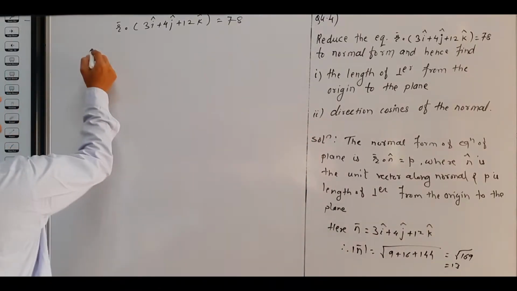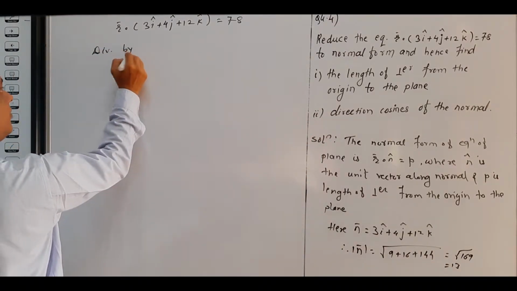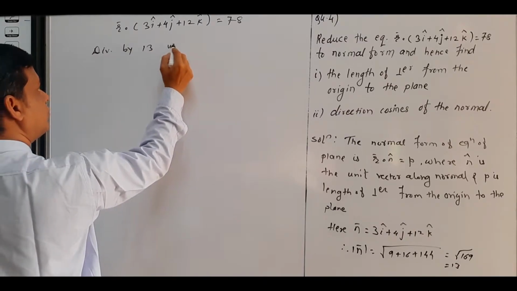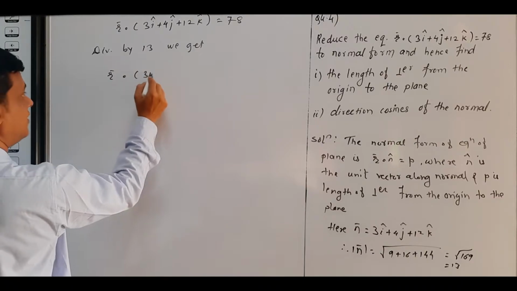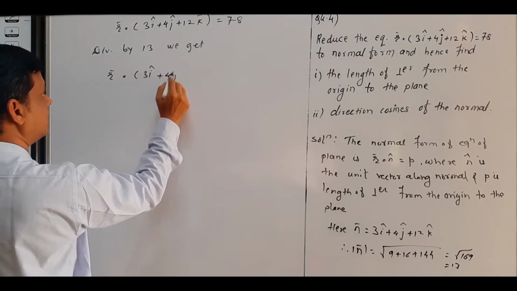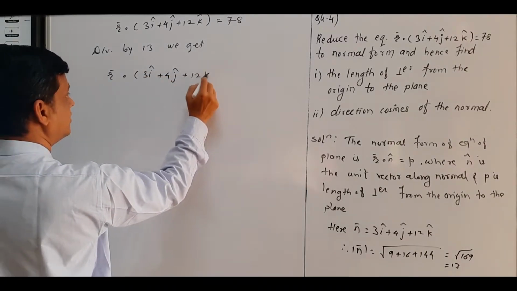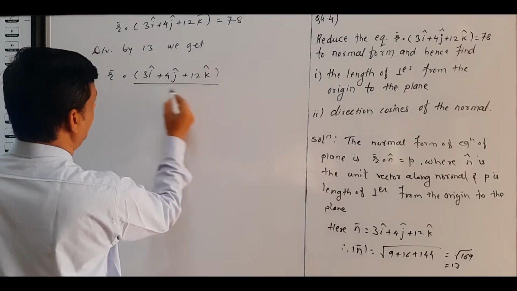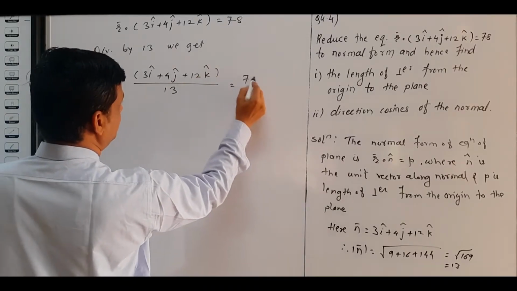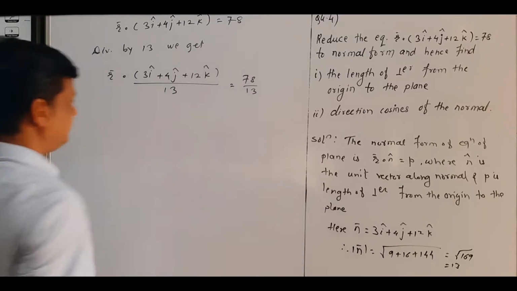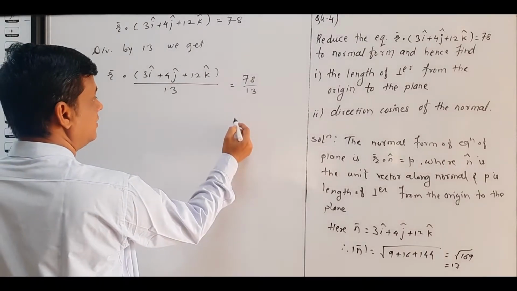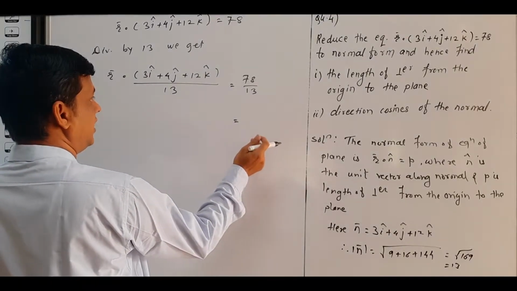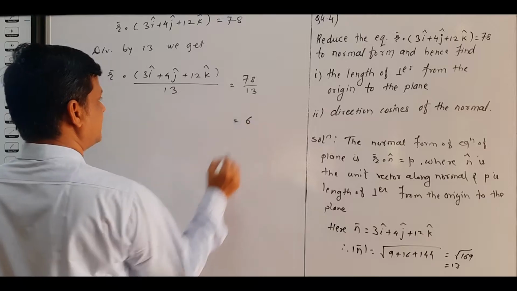So we get r bar dot 3i plus 4j plus 12k upon 13 is equal to 78 by 13. So after dividing by 13 the right hand side, we get here value 6.